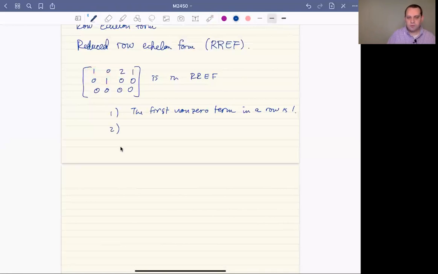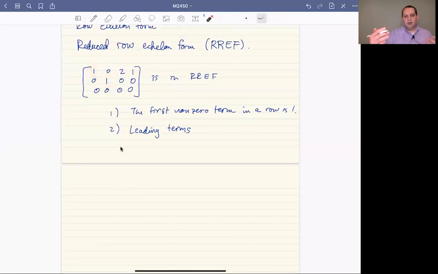The second step, what makes it reduced row echelon form, is that the leading terms go down in a diagonal. I want to explain this using language as much as I can before writing too much. If you have a column that has a leading term in it, it's below all the other columns that have a leading term in it that are to the left of that column.